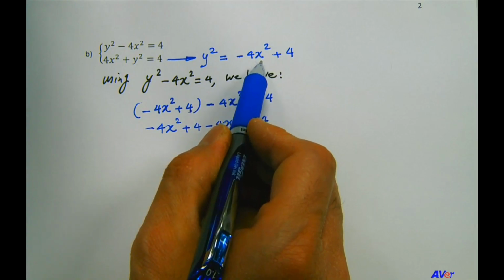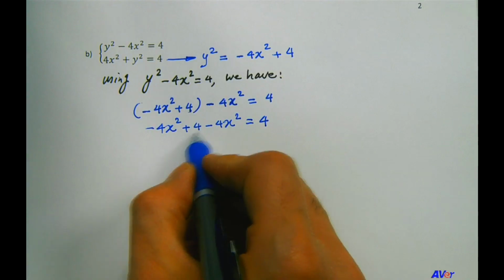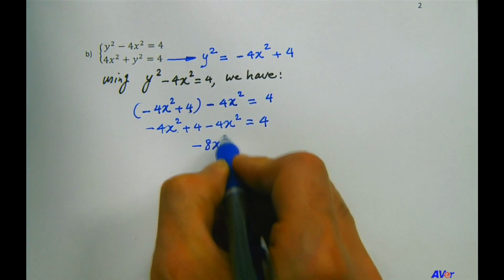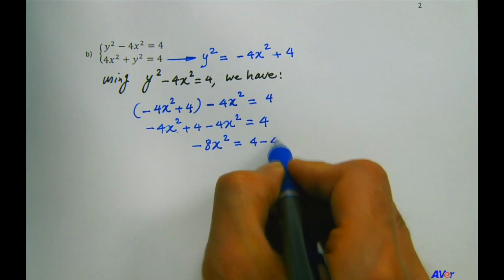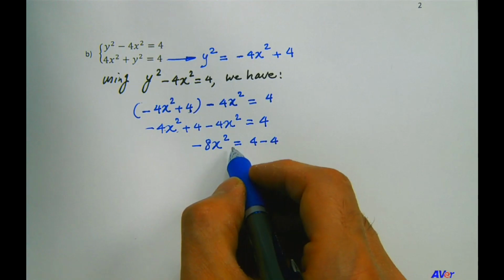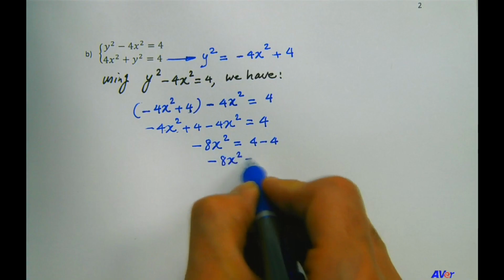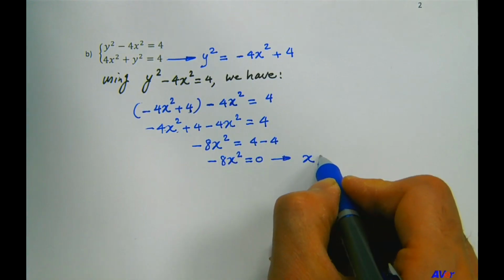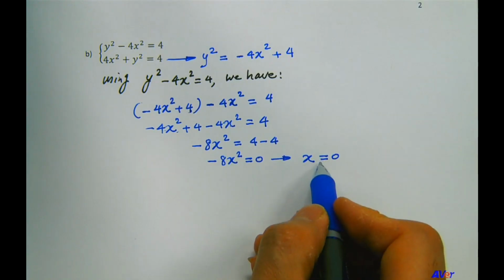It looks like it. So then let's combine the x squared terms. We have minus 8x squared equals, move this 4 to the other side, 4 minus 4. And from here, we have minus 8x squared equals 0. Therefore, x equals 0. Okay, so that's the value of x.